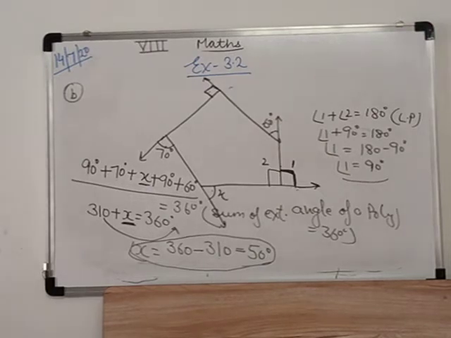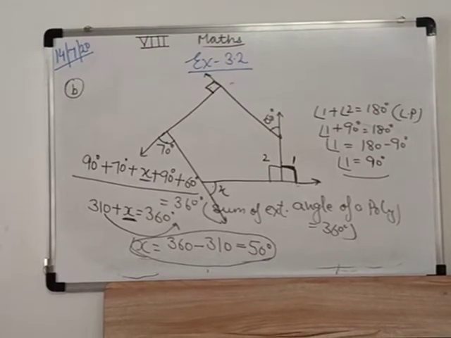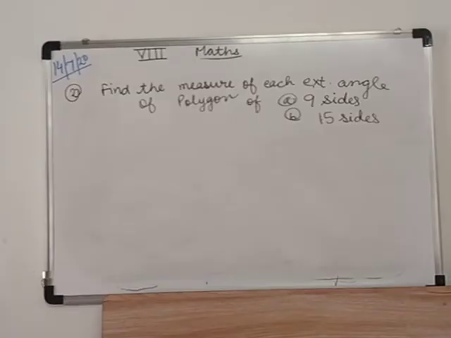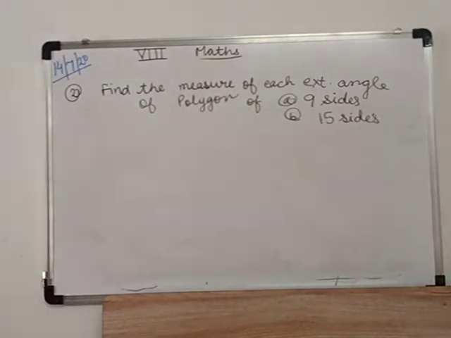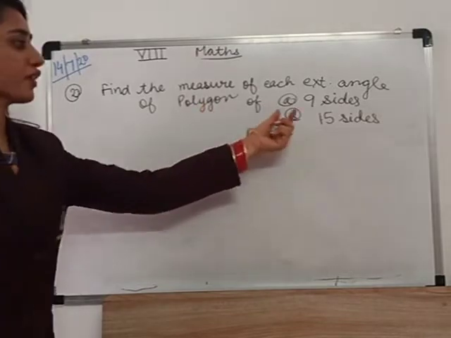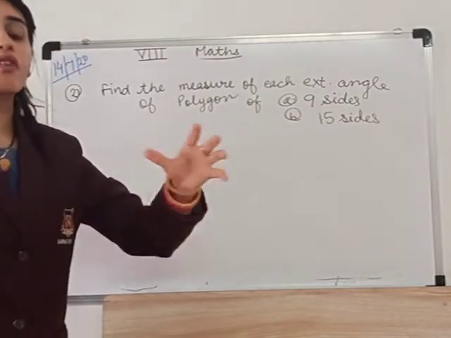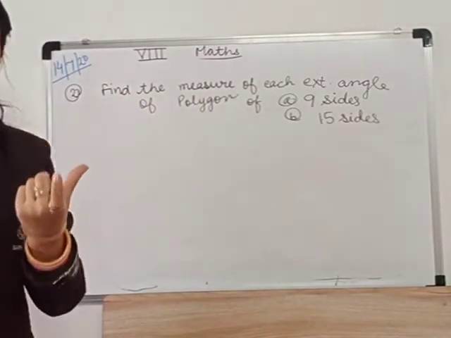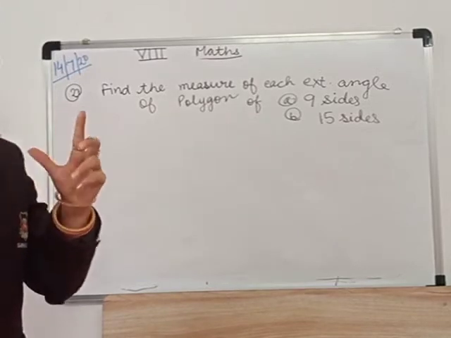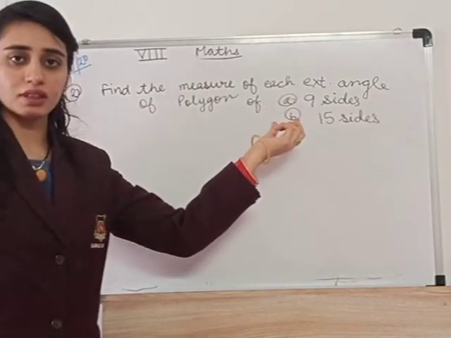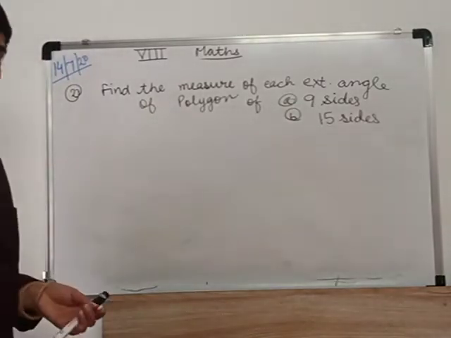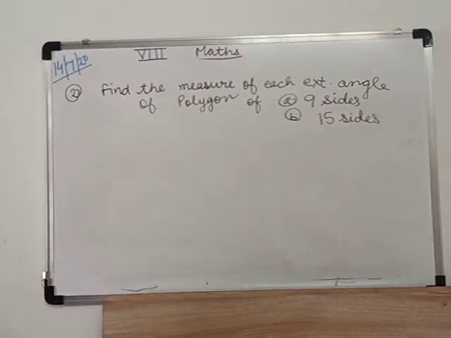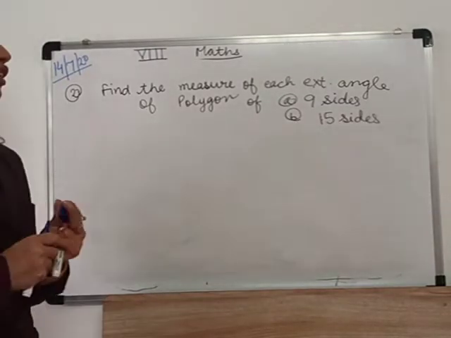Now in the second question, what's the question? The question is: find the measure of each exterior angle of a polygon of 9 sides. If a polygon has 9 sides, then what is the value of each exterior angle of that polygon, because all the exterior angles are the same.